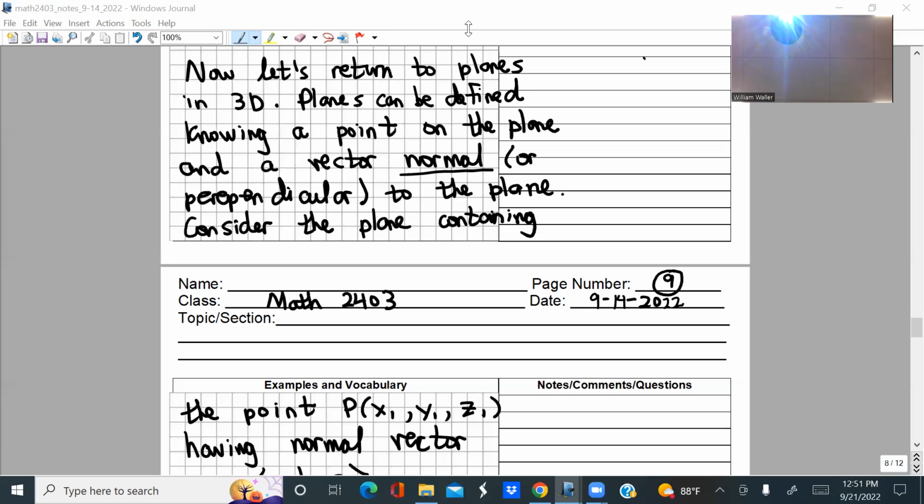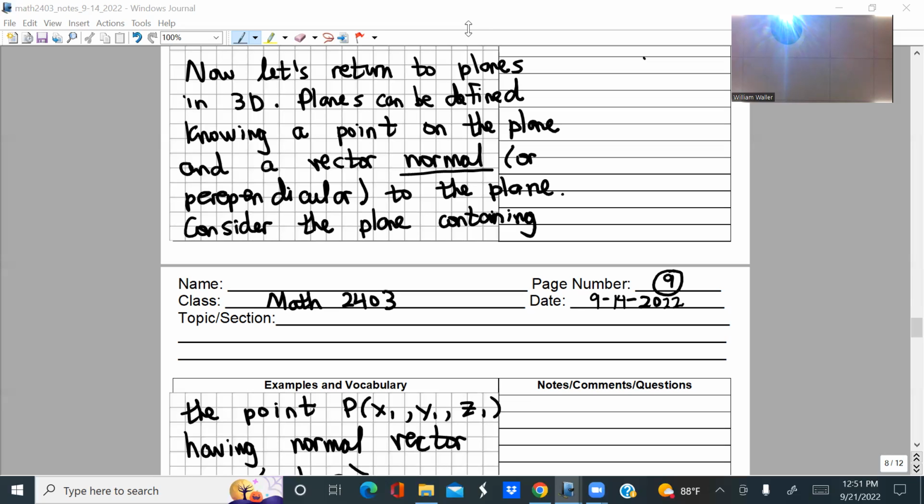The normal vector is the vector that's perpendicular to the plane. If you specify the vector that's perpendicular to the plane, that will completely describe the plane, as long as you know a point on the plane.